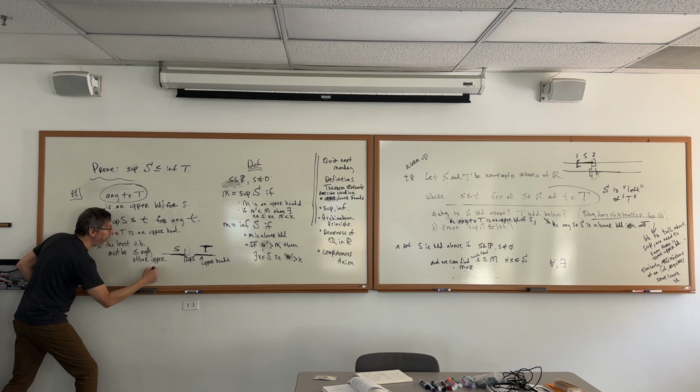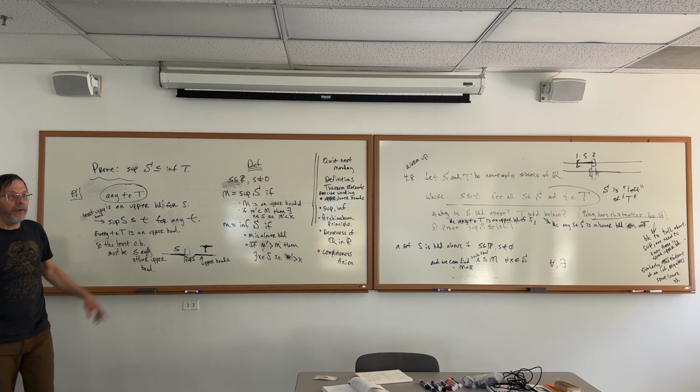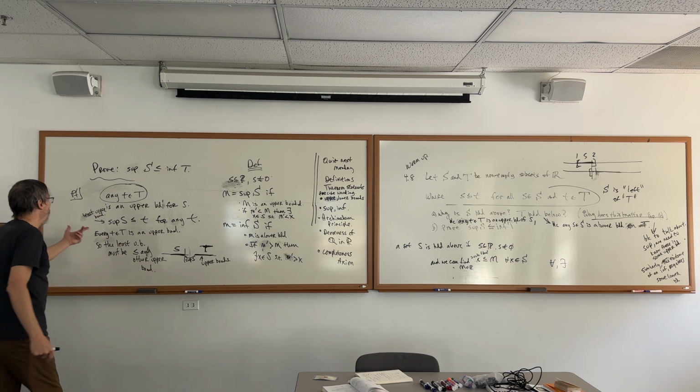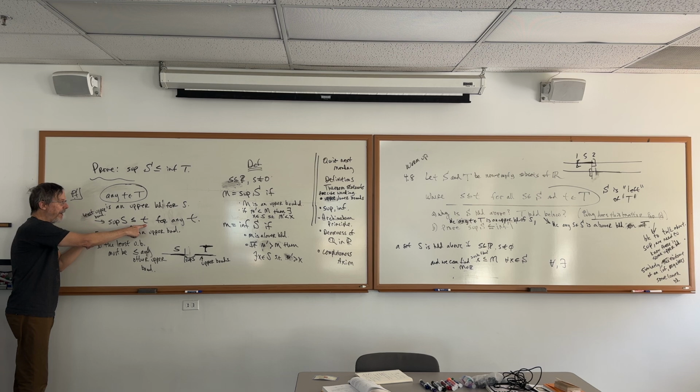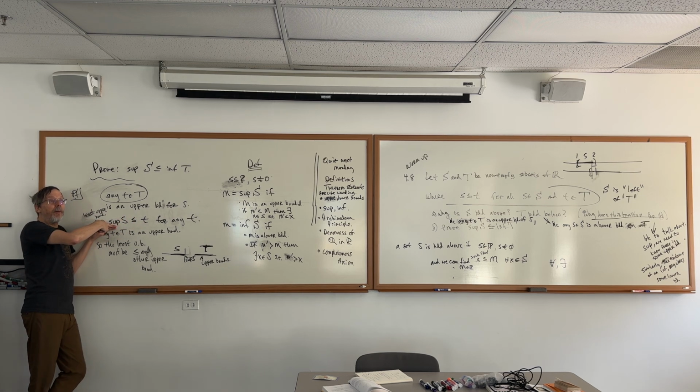I'm not saying that the least upper bound isn't in T, but this must be true. You give me an upper bound on S, it's by definition bigger than or equal to the least of the upper bounds on S. Is that feeling like the right words? Yeah, and you're totally being legit with me when you say that.